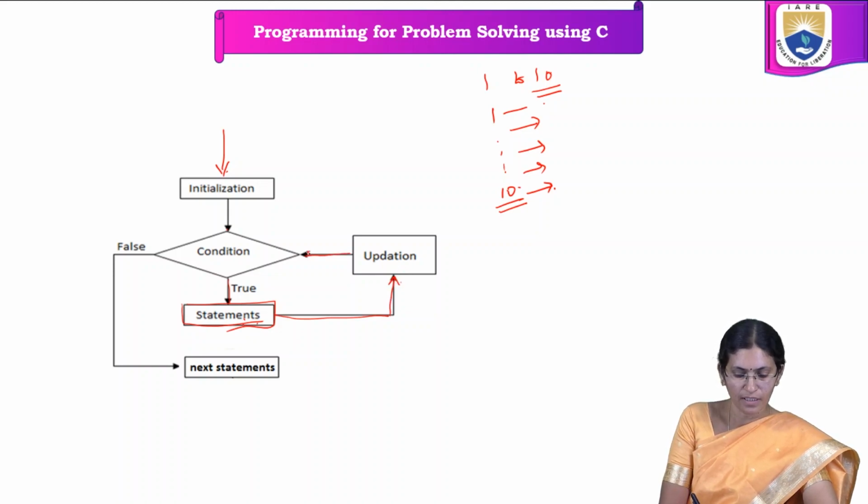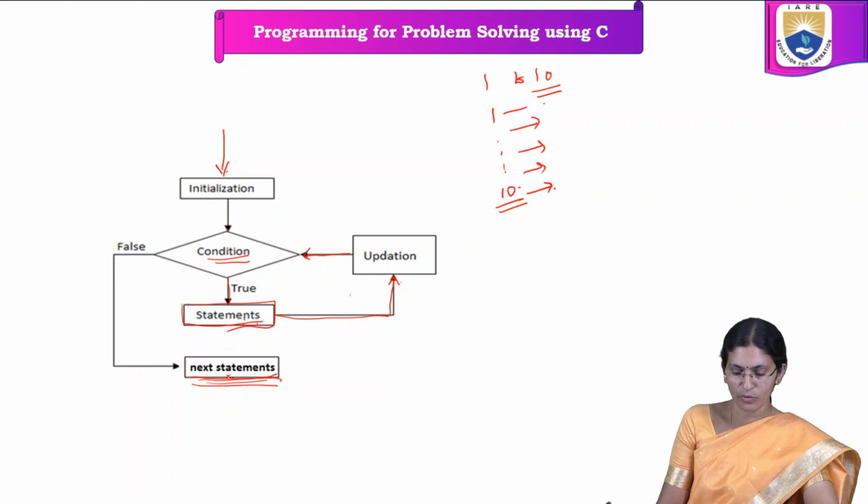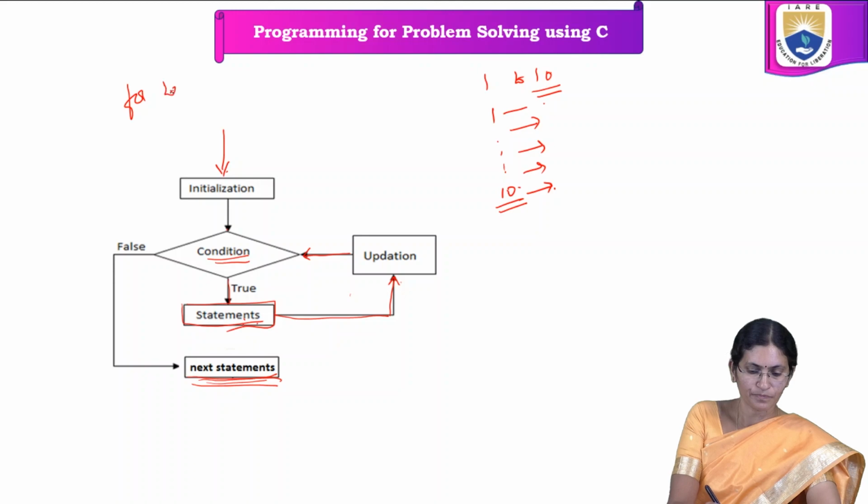After that, again the condition is checked. This will go on, and the loop will continue till the condition becomes false. Once the condition becomes false, it comes to the end of the for loop. After that, the statements after the for loop will be executed. So this is the for loop flowchart.